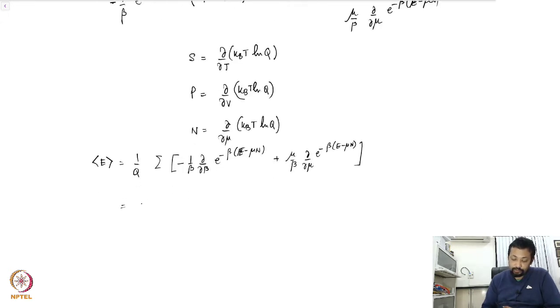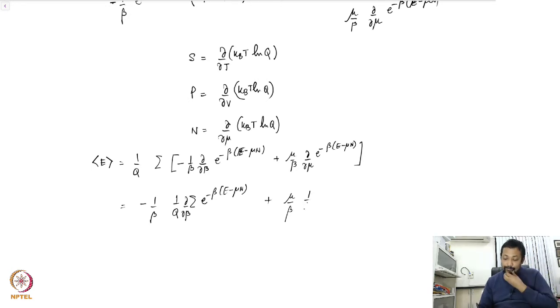And this you see is going to be minus 1 over beta 1 over q sum del del beta of e to the power minus beta (E minus mu n), plus mu over beta 1 over q del del mu of sum over e to the power minus beta (E minus mu n).